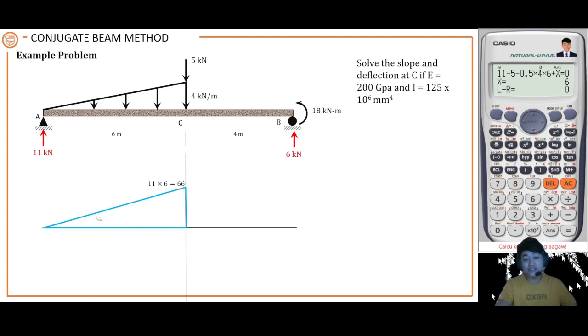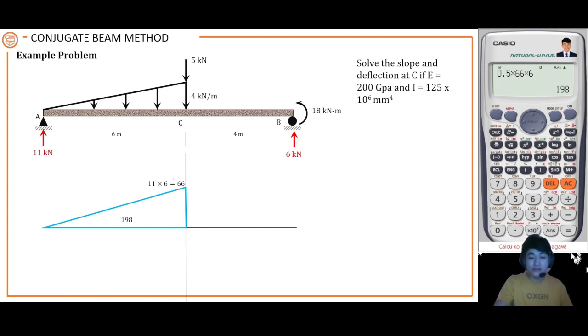For the area of this triangle, we have 198. Now let's just confirm if that is 198. The area of the triangle is 1/2 of 66 times 6. So that is equal to 198.